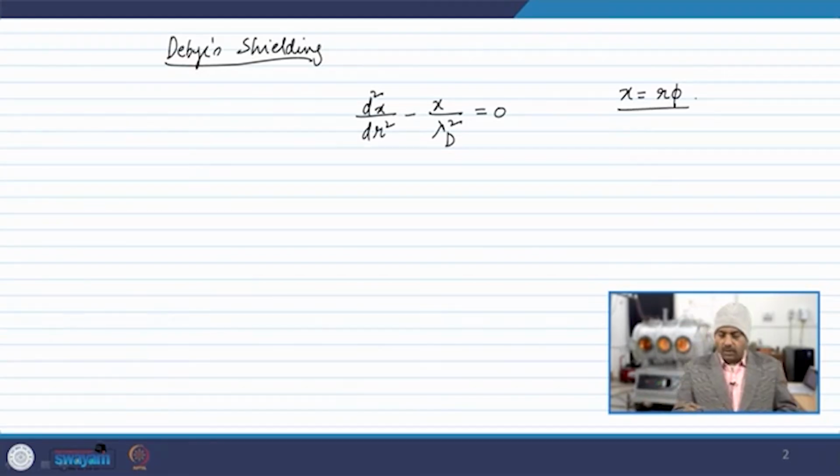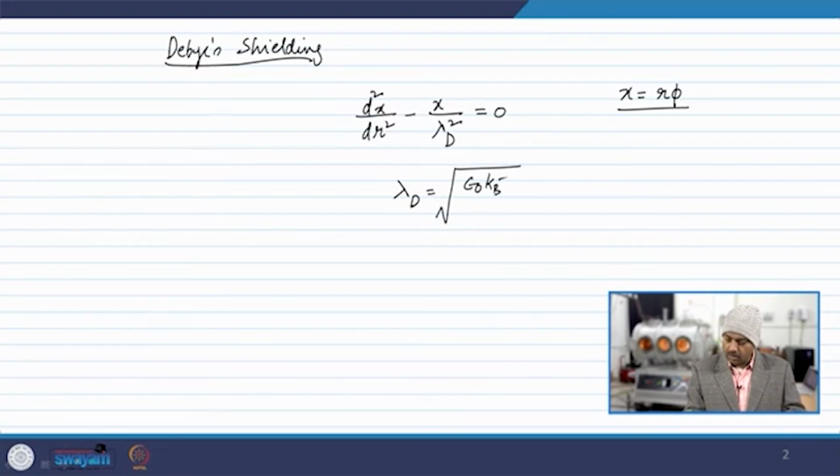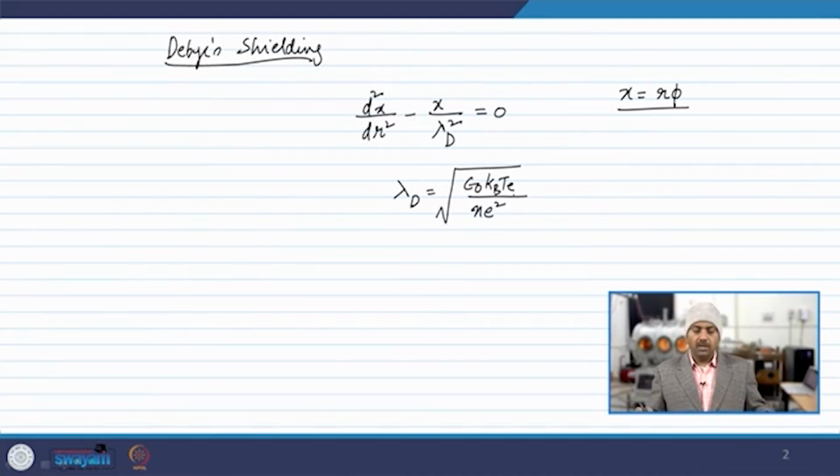Right. So, lambda d is a substitution that we have made. Lambda d is defined to be square root of epsilon naught kB Te divided by n e square. Epsilon naught refers to the permittivity of free space, kB the Boltzmann's constant, Te is the electron temperature, n is the charge density or number of particles per unit volume within the plasma, e is the magnitude of the electron charge.